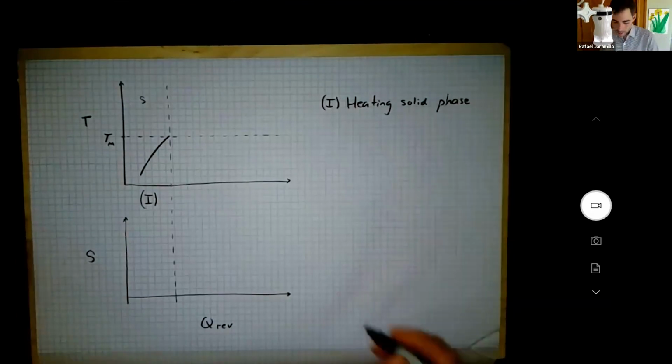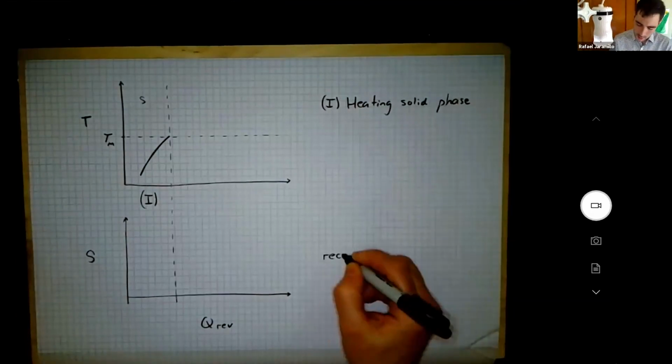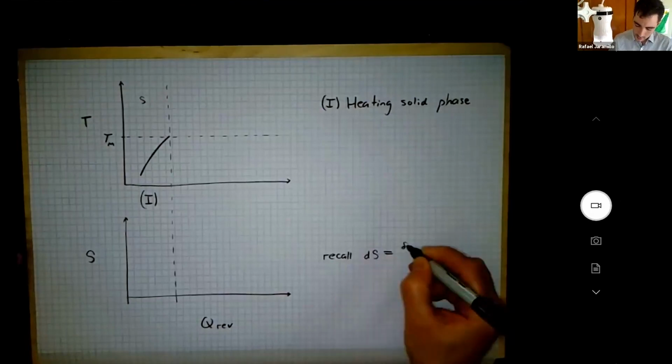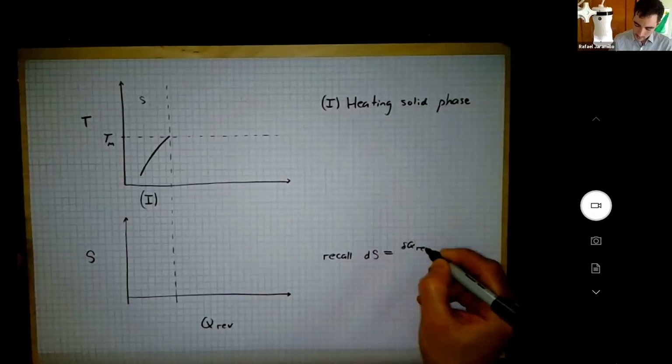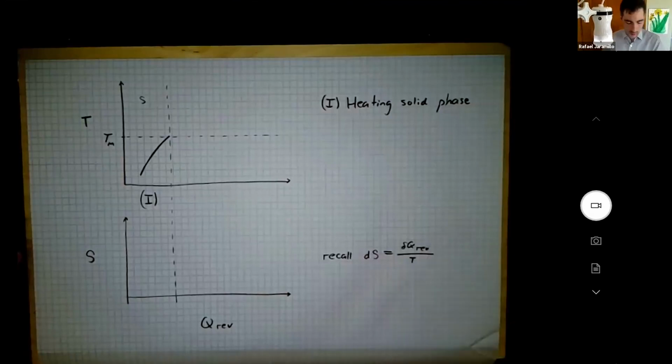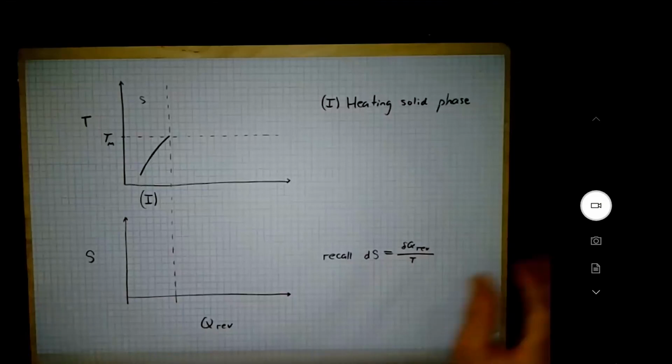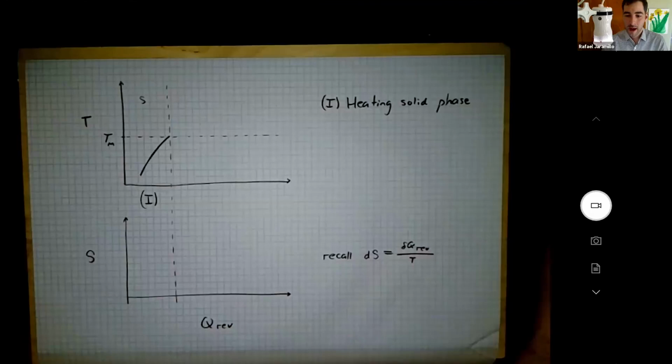And I want you to recall that dS equals dQ reversible over T. Okay, so what does entropy versus heat look like? Increasing a little bit less, or maybe constant. I'm sorry, I didn't hear what the first thing you said. Perhaps constant, but there was another answer in there too.